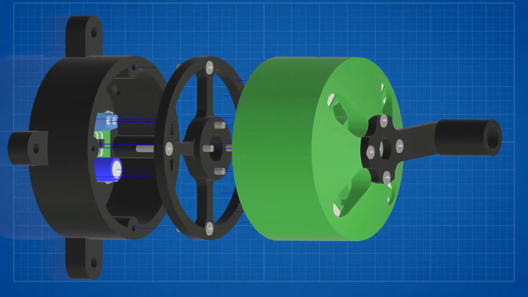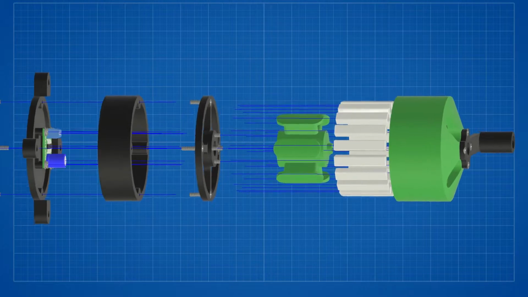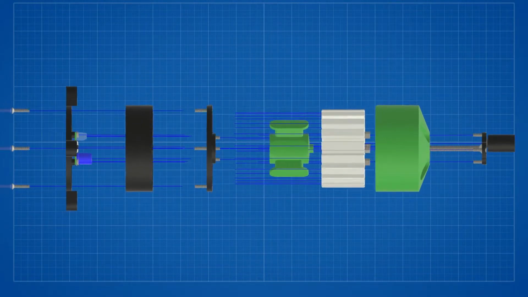As you can see, this is a full animation of the generator assembly, and that's exactly how it should look in real life.